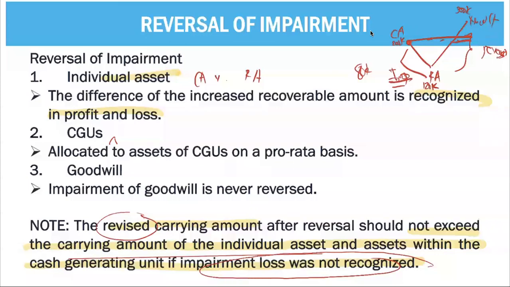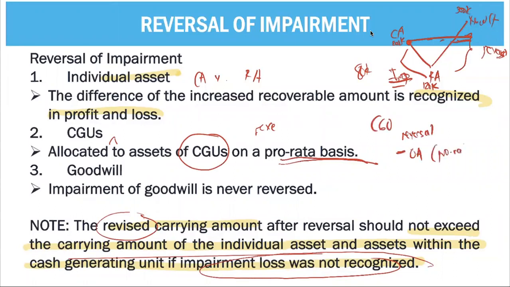How about CGUs? You allocate the amount of your reversal to your assets pro rata. Whatever is the amount of your reversal, only to other assets. For CGU, reversal only to your other assets, pro rata. But your goodwill, you will not allocate.